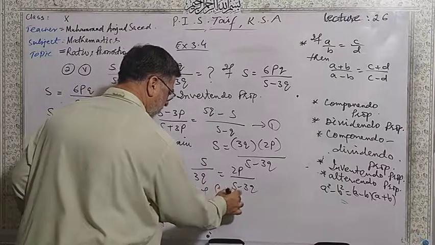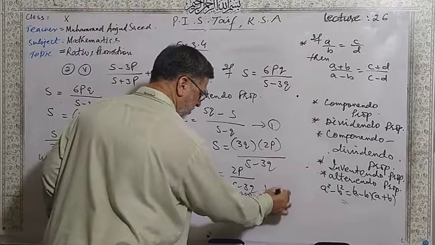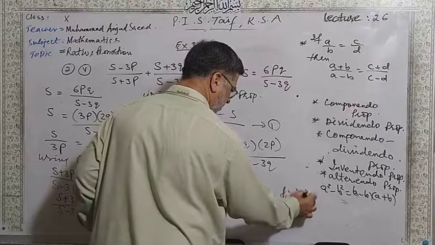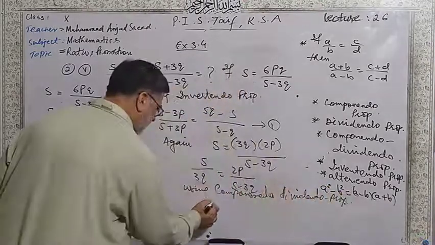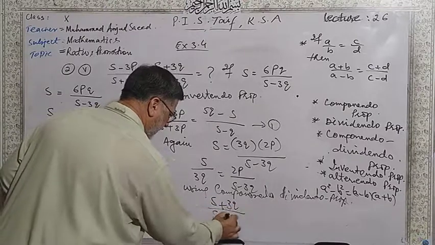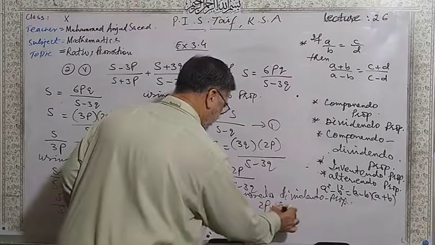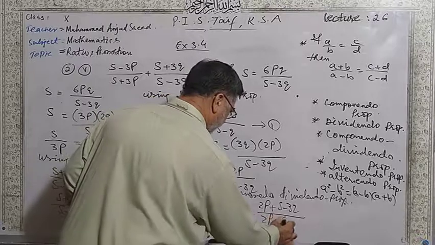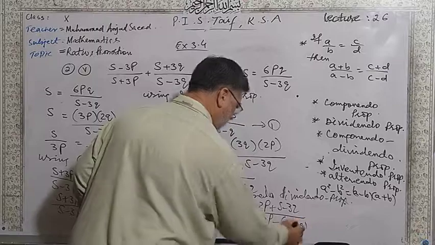Using componendo and dividendo property, S plus 3q over S minus 3q is equal to 2p plus S minus 3q over 2p minus S minus 3q.